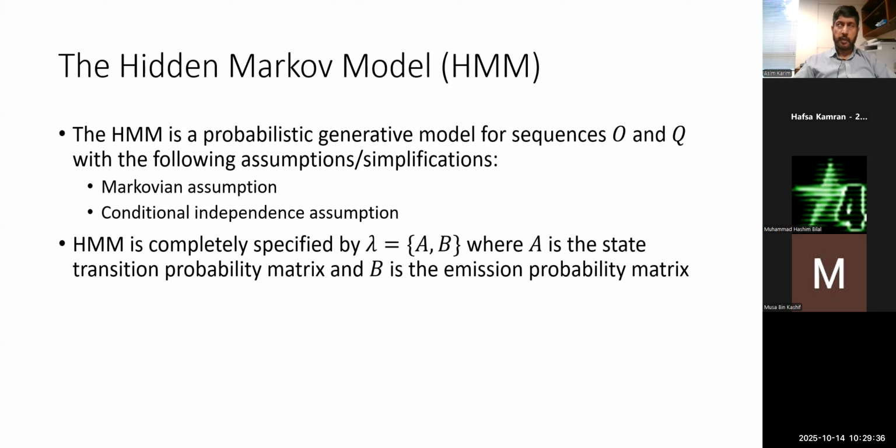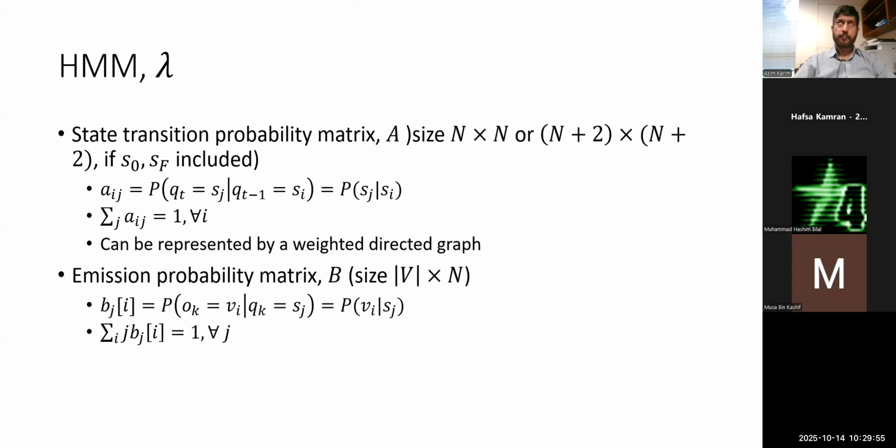And this is completely defined by these two matrices A and B. The matrix A is the transition matrix, and matrix B is the emission probability matrix. So we will discuss this in the next slide. So a HMM, as I said, is completely defined by lambda, and lambda consists of two matrices A and B. So the capital A matrix is the state transition probability matrix.